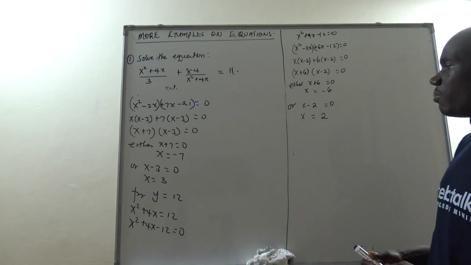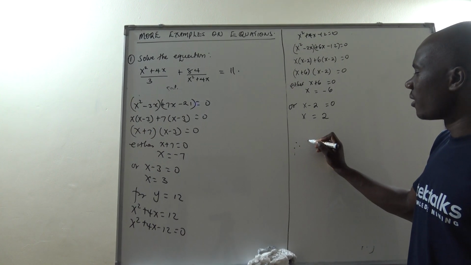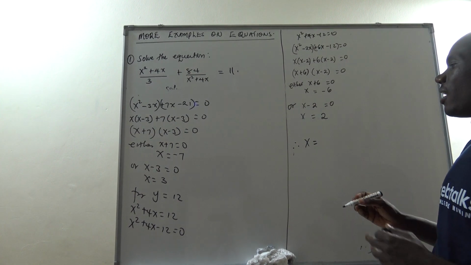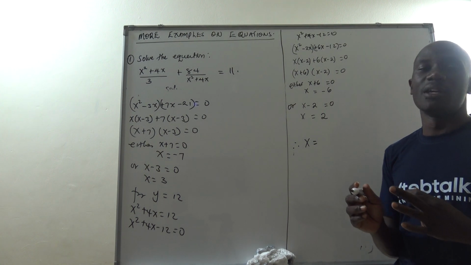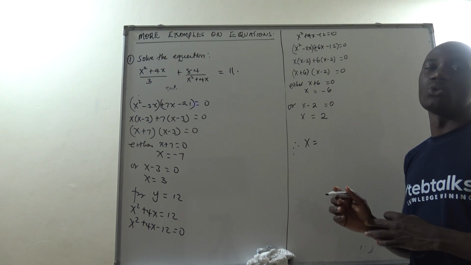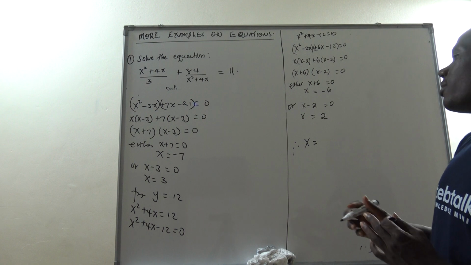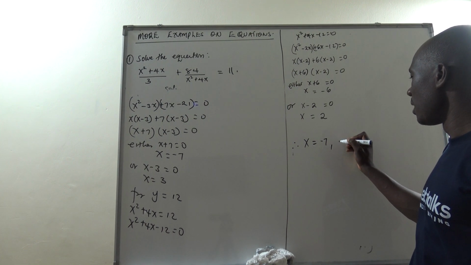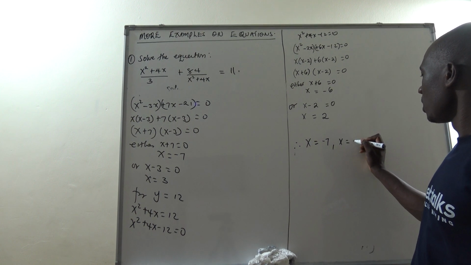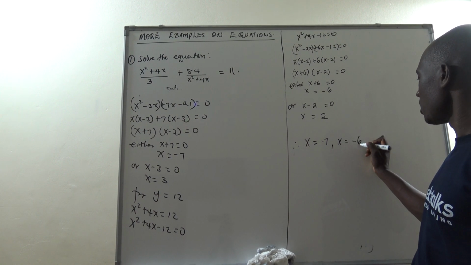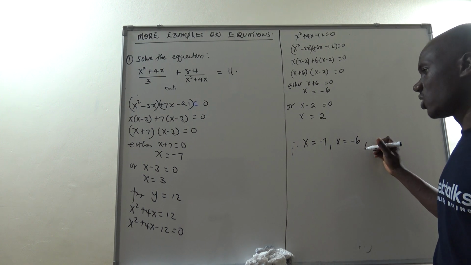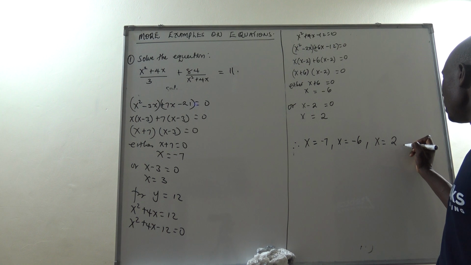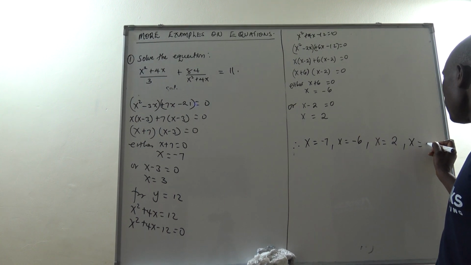Our conclusion is going to be, therefore x equals, you can first bring the values of x alone. Therefore you collect from the minimum up to the maximum, which we call ascending order. So x equals negative 7, comma, x equals negative 6, comma, x equals 2, and x equals 3.